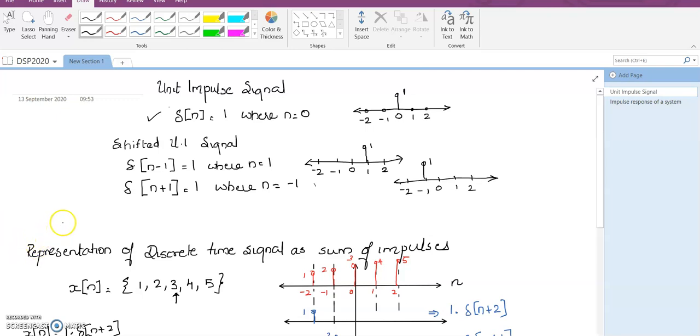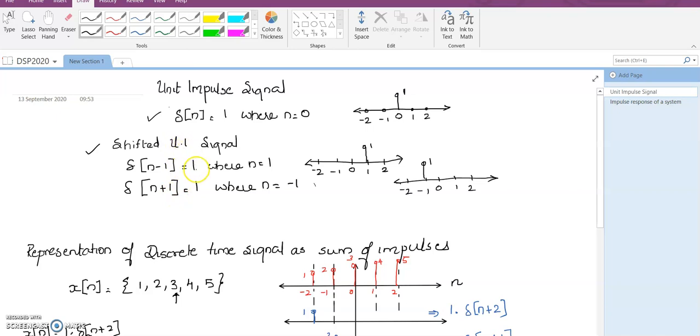The next concept that we are going to look into is a shifted unit impulse signal. Now, this unit impulse signal can be shifted. If you look over here in this graph, we already know how the shifting of a signal happens. We have been looking at that in the convolution topic. So, a shifted unit impulse signal can be in two forms. One is del of n minus 1, and another is del of n plus 1.